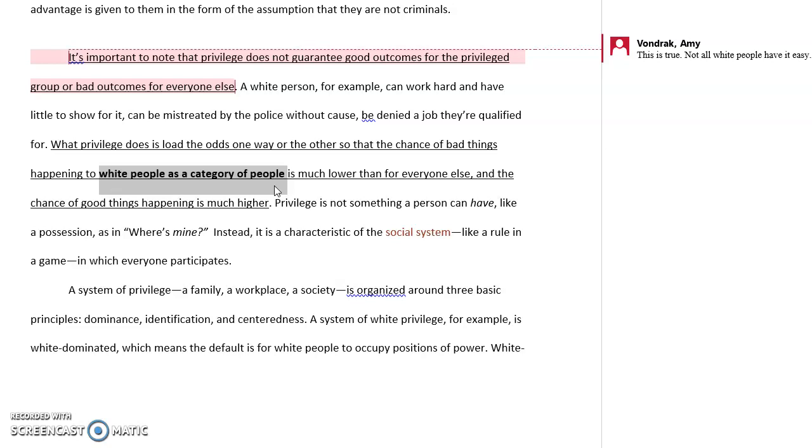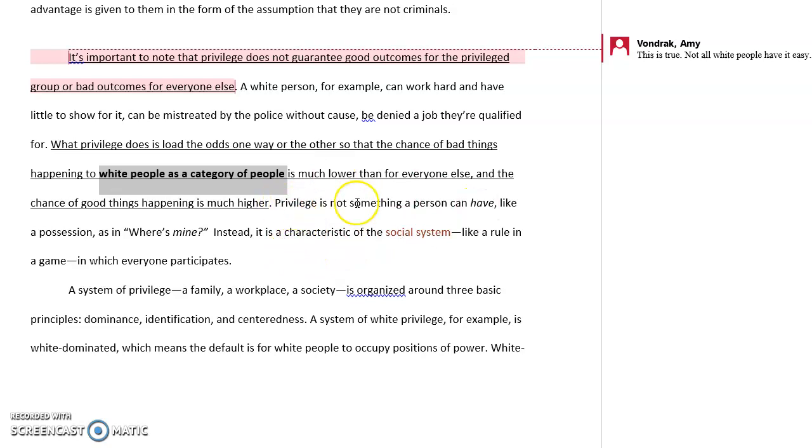So like this idea of white people as a category of people. He's not saying every individual white person has everything go their way. He means that in general, white people have more money, more power, have things easier. That doesn't necessarily mean that it's true for every individual.